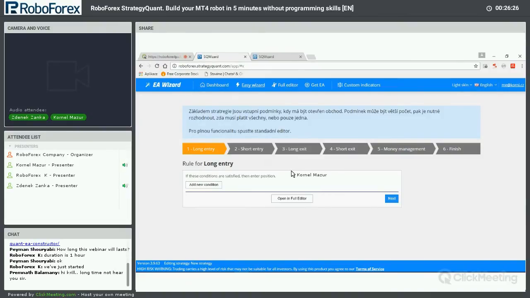Because we have time, I will create a really simple robot right now, and it can be your first robot, maybe even when you start this platform. This platform is accessible from the internet, so you can use it on a cell phone, tablet or desktop, whatever. So let's start our first strategy. Every strategy, every robot consists of some trading rules.